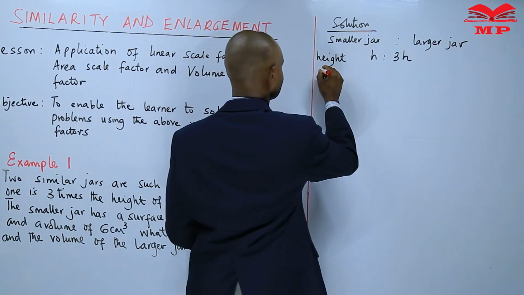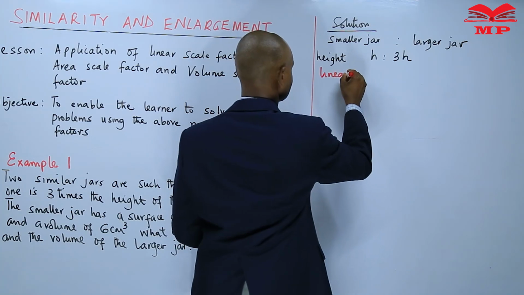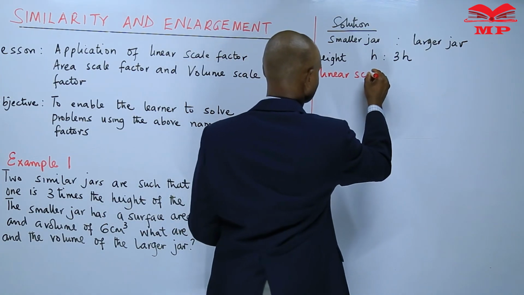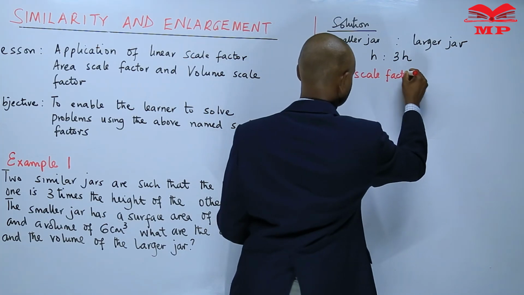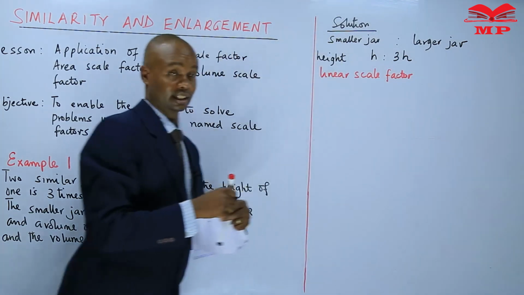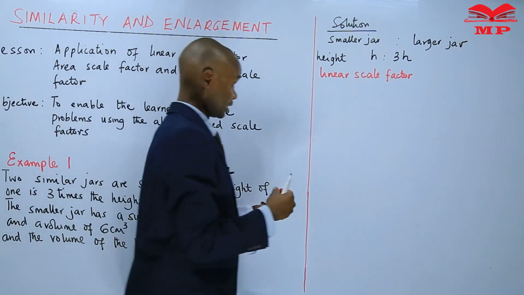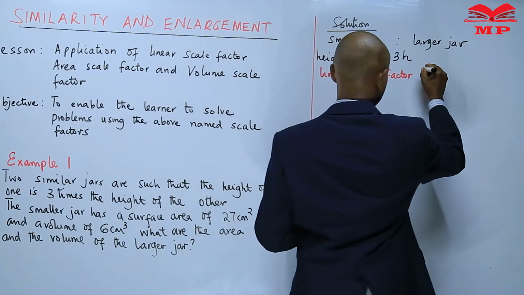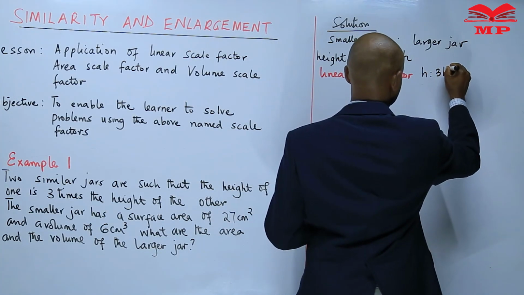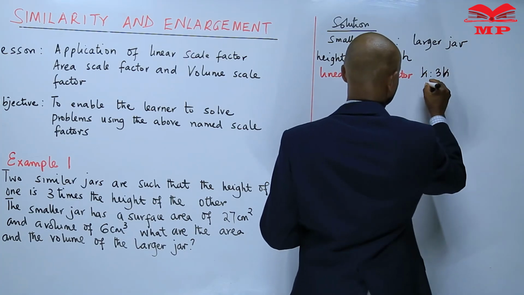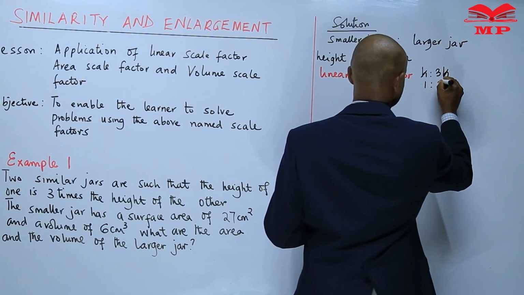So the linear scale factor, learner, when comparing the jars, will be h to 3h. The h and the h cancel, and you have 1 to 3.